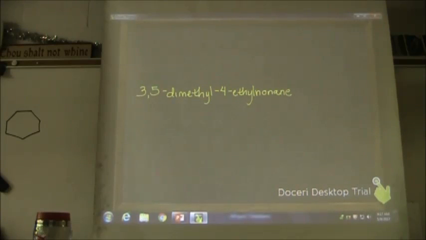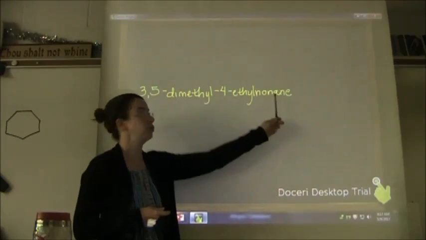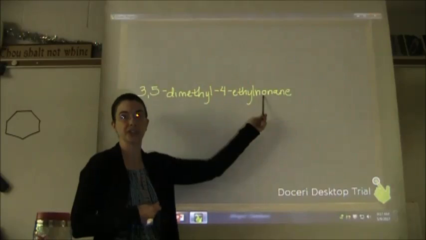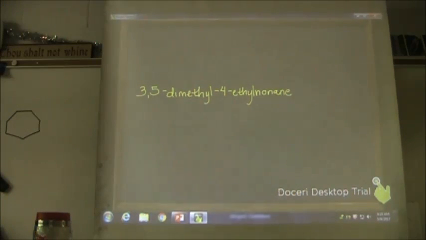It's not a cyclo. Just me personally, when I'm given a name and I'm asked to draw it, I work backwards. I will draw out the main chain first and then work my way back. But you can do it however you want.